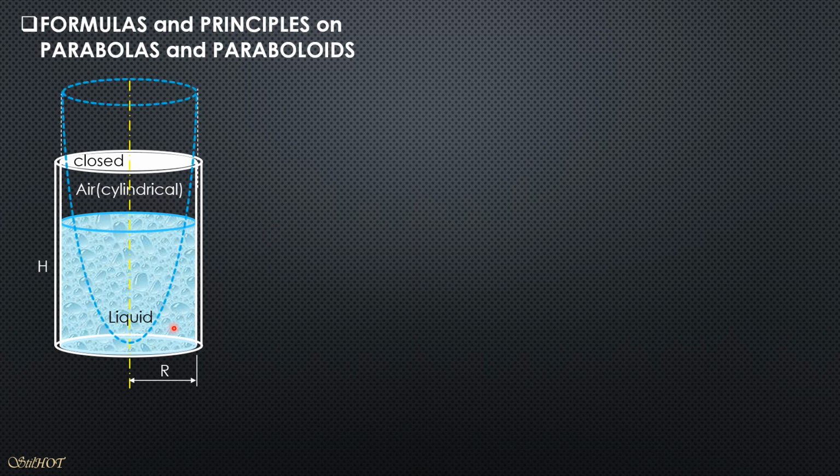Now, if the imaginary parabolic surface is such that the vortex exactly forms on the bottom center of the cylindrical tank, so same condition as before, we have the depth greater than half of the height and this empty depth as K. So this volume of air is the same as the original volume of air.